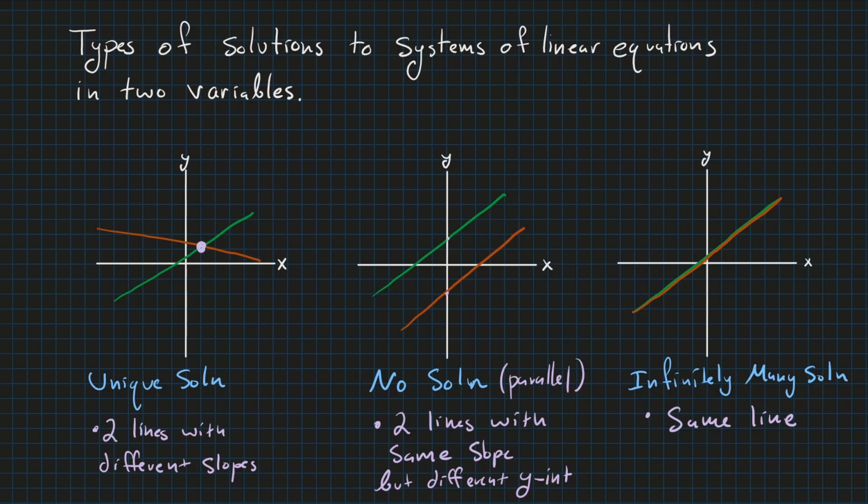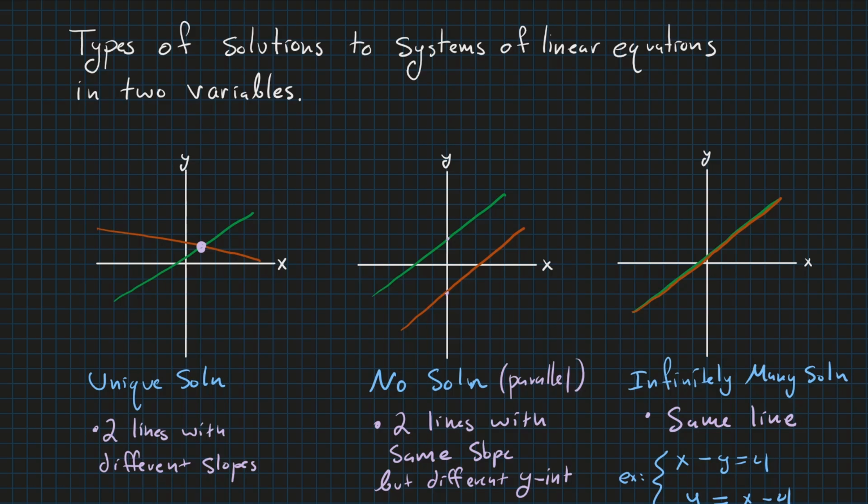You can think about this like x minus y is equal to 4, or y is equal to x minus 4. If I gave you both of those equations, those would define the same line but are written differently. That's a system of equations with infinitely many solutions because both lines are the same.